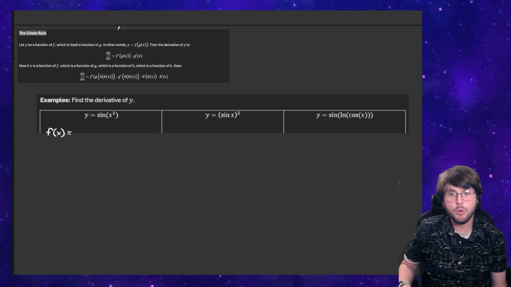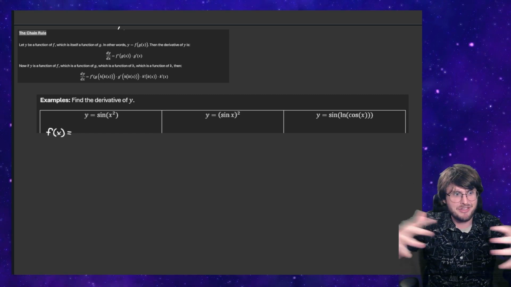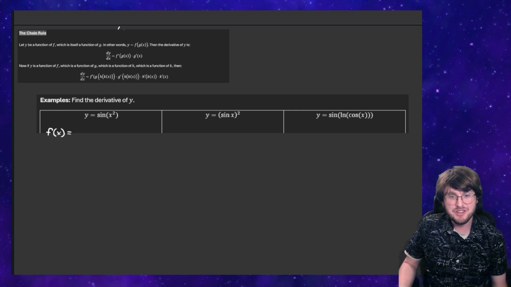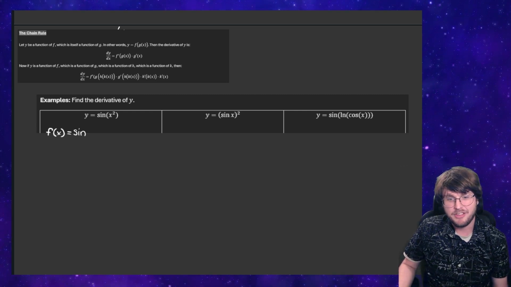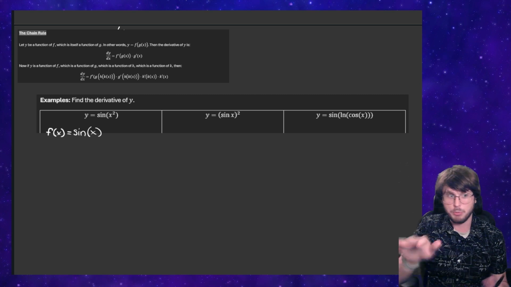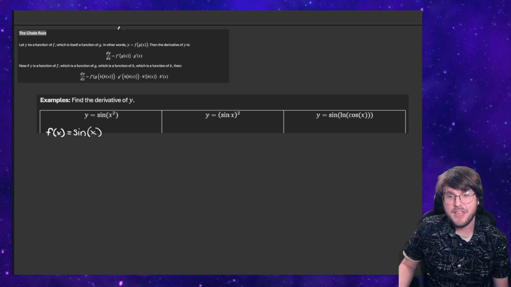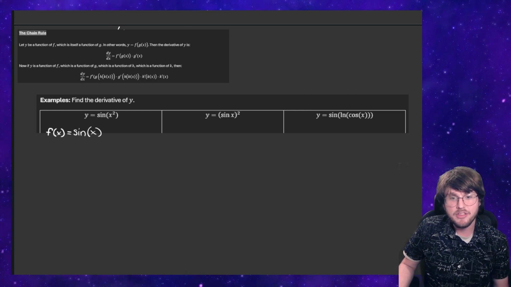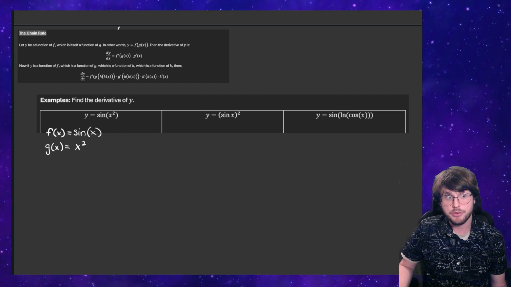And because one function is embedded within another, the one that's embedding the other function is f of x, and that's going to be sine in this case. And I'm just going to write that as sine of x. We'll have all the proper assignments later. All right, and then the function that's embedded within sine, or g of x, is x squared, and that's a power function. So we're going to be applying power rule to that one.